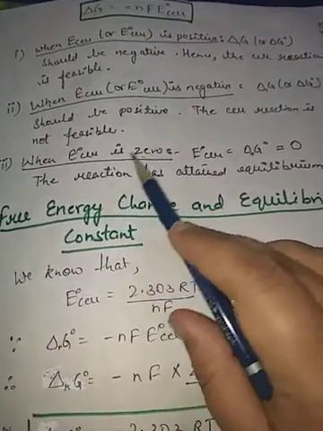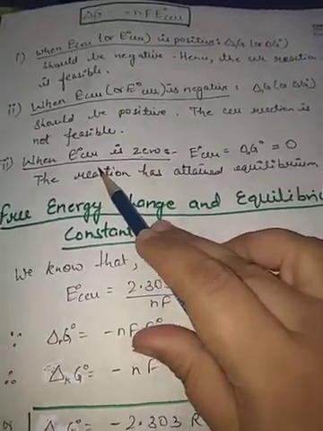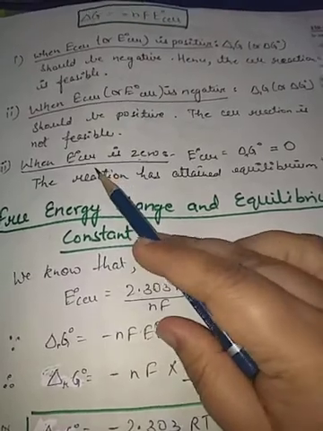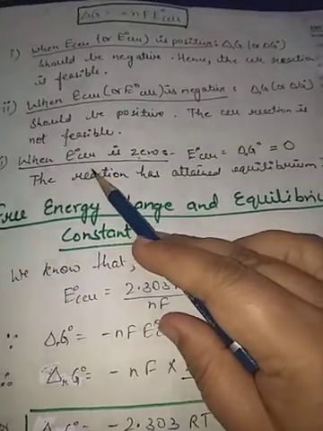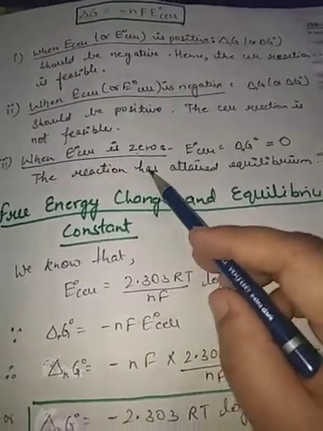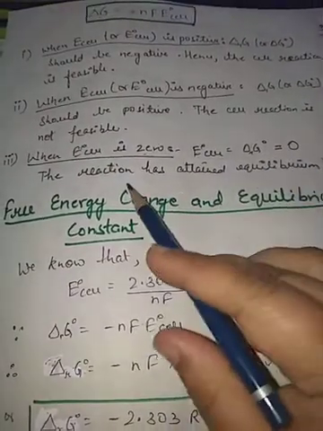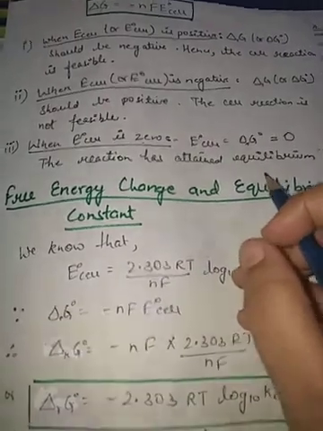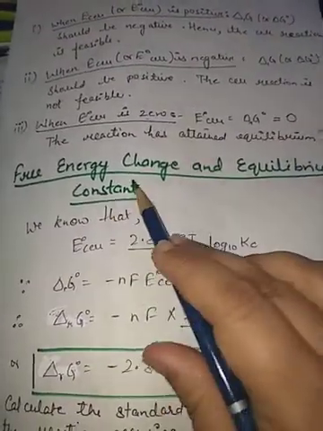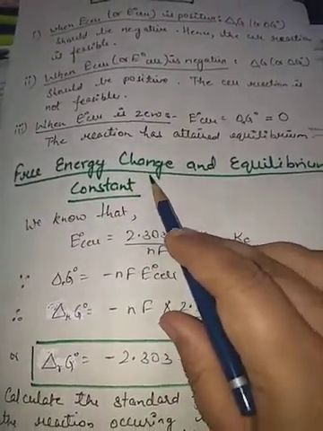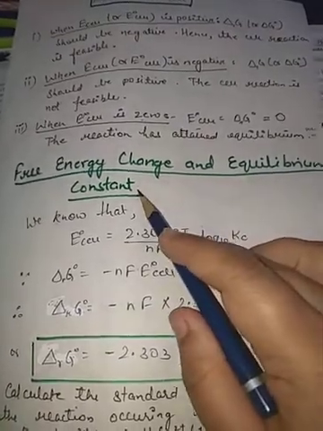And when E naught cell is 0, as we have studied earlier, there is no potential difference between the two electrodes, so delta G is also 0, and the cell has attained equilibrium.